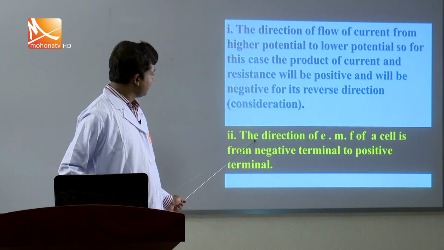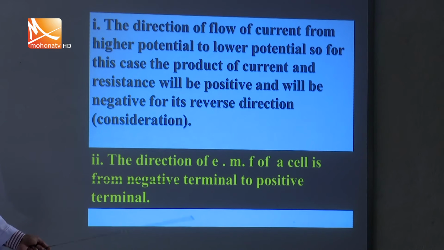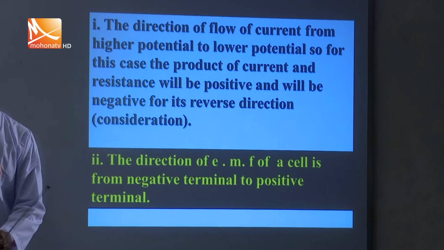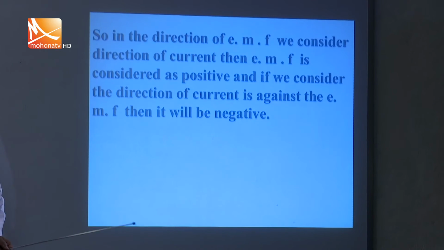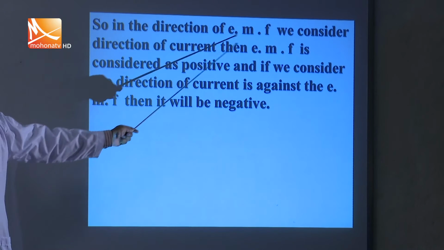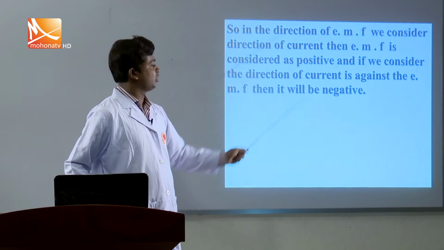And the second rule is that the direction of EMF of a cell is from the negative terminal to the positive terminal. EMF, that is electromotive force, supplies the energy that sends the electricity to the circuit, and its direction is from negative to positive terminal. So, in the direction of EMF we consider the direction of current.